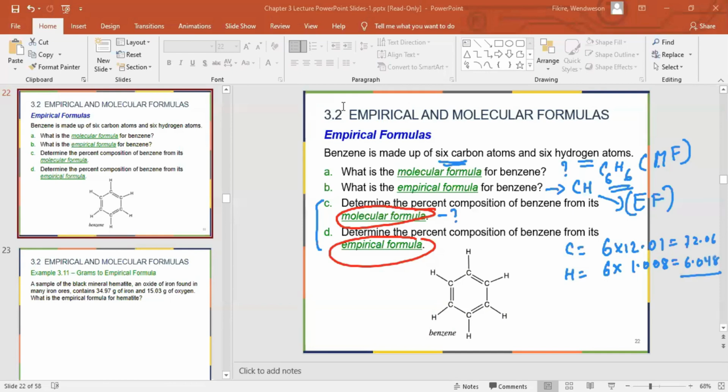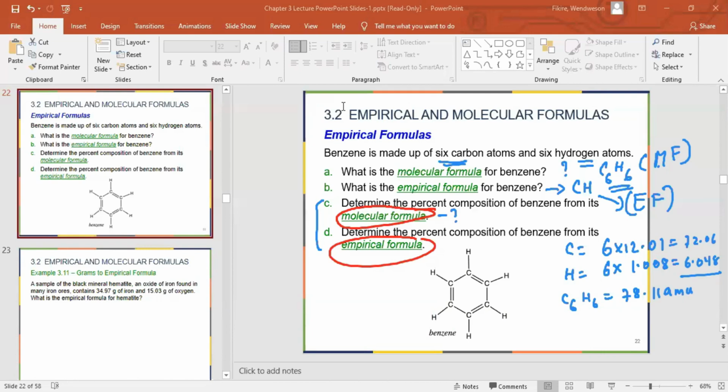When you add them for C6H6, 72.06 plus 6.048 gives 78.11 amu. That's the molecular mass for C6H6.